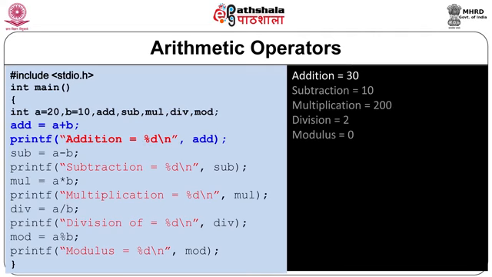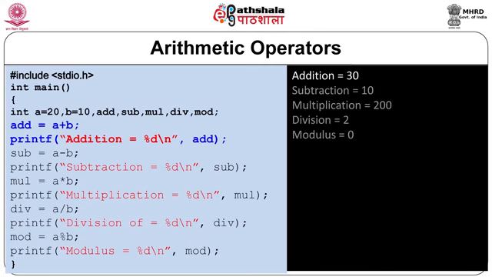So now here is a simple program which will elaborate the use of arithmetic operations for addition, subtraction, multiplication, division and modulus. In this program, the value of operand A considered is 20, and operand B is 10. The results like add, subtract, multiplication, division and modulus are also initialized.